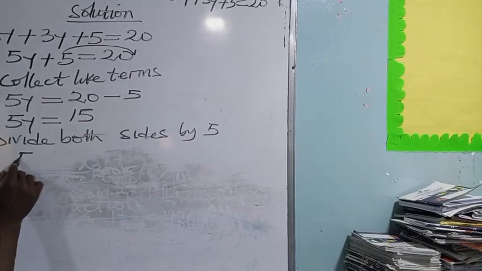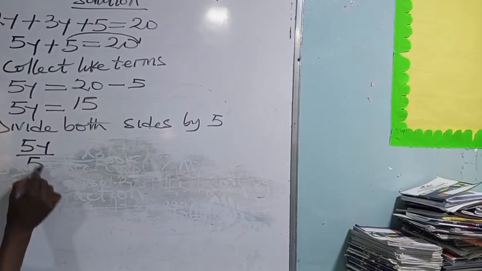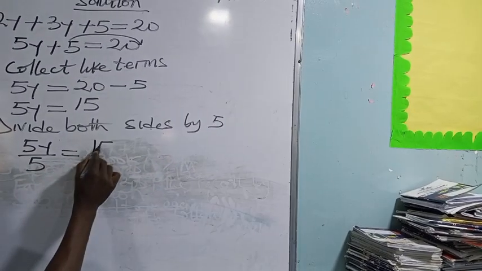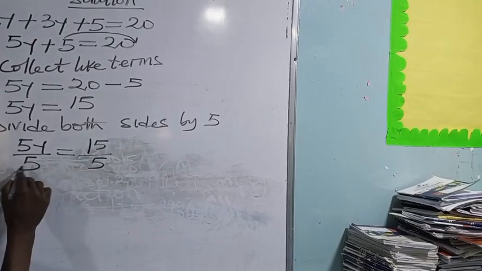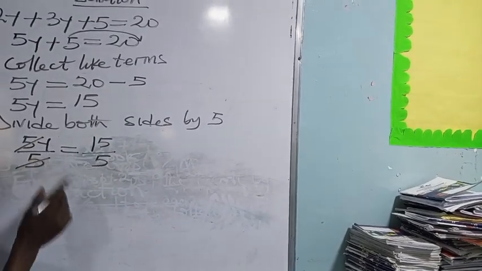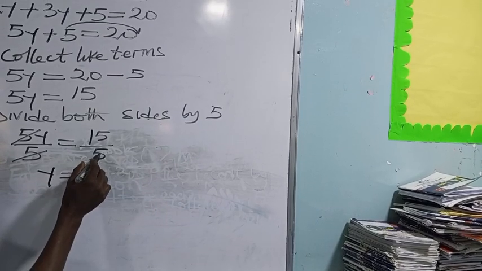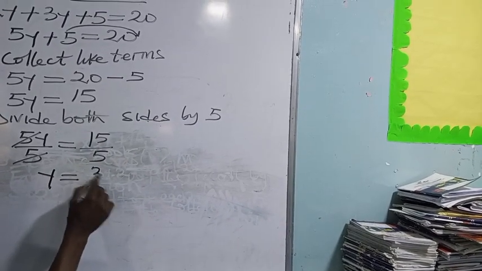So you have 5y over 5 equal to 15 over 5. 5 will cancel 5. You are left with y equal to 3, because 5 goes into 15 three times.